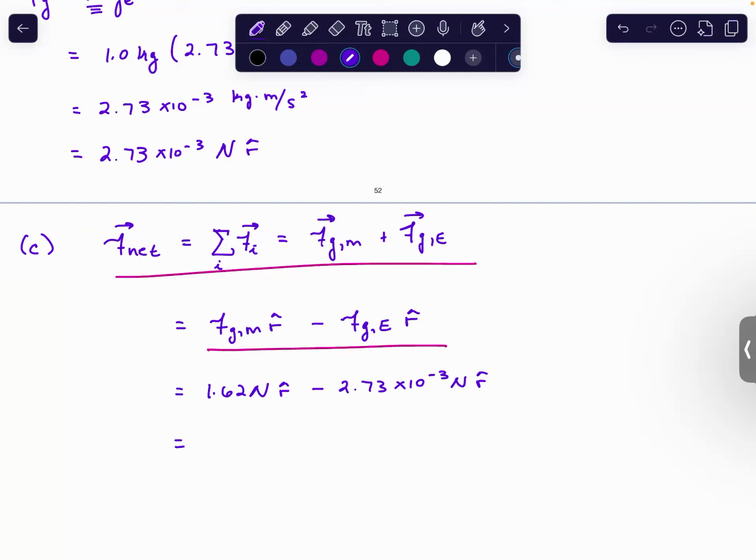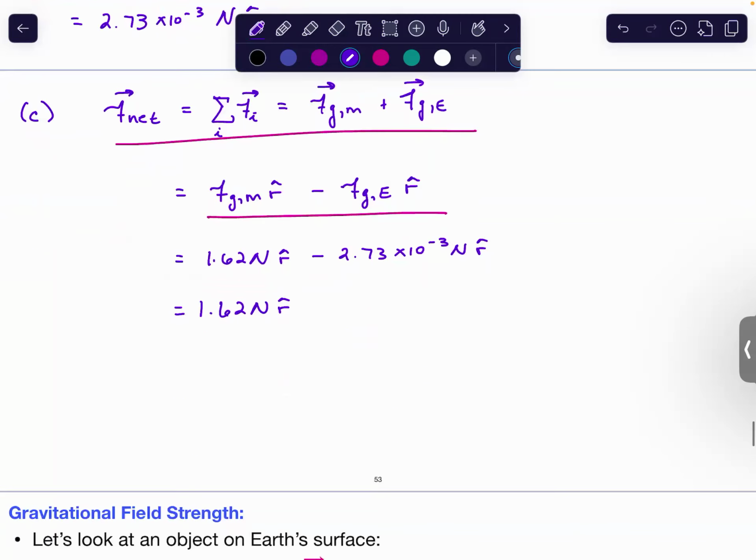And you find out that really the force exerted by the Earth doesn't really do anything to the rock. You end up right back at about 1.62 newtons r hat. Or if you want the magnitude of this, let's just look at the entire theorem here.